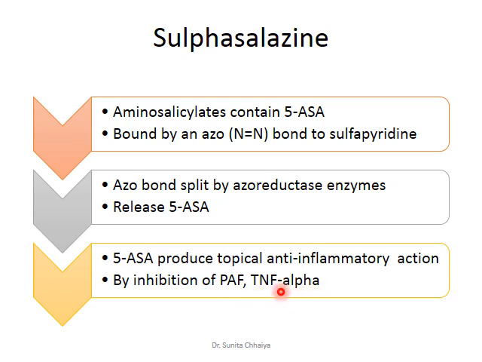All these pro-inflammatory factors have their action reduced by sulfasalazine, and the active moiety of sulfasalazine is 5-ASA. So this is the major action associated with sulfasalazine.